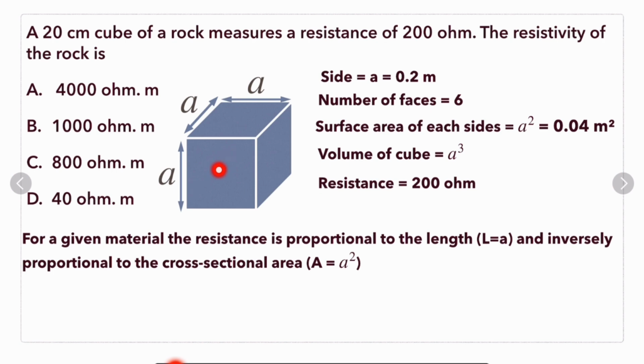If we consider this plane, this plane and this plane, and these three planes have different areas, for example in the case of a cuboid, the cross sectional area will be different for each plane and therefore the resistance will also be different.